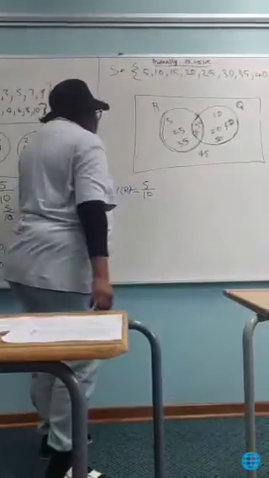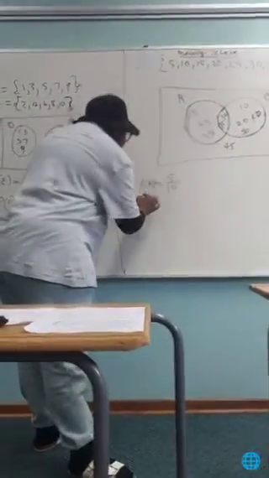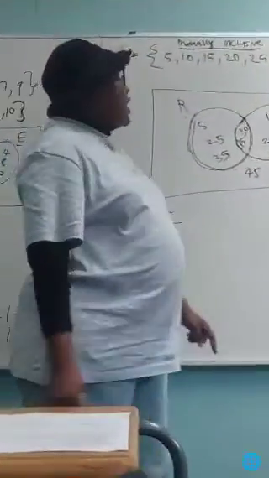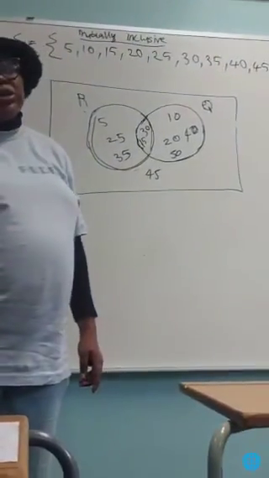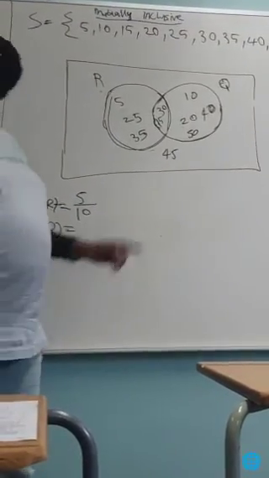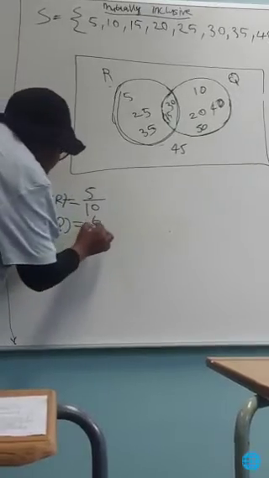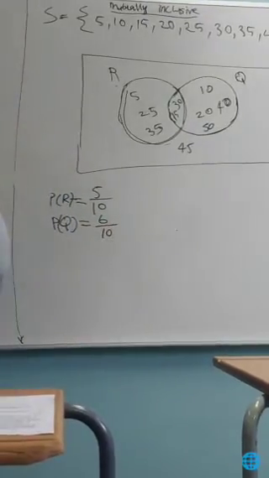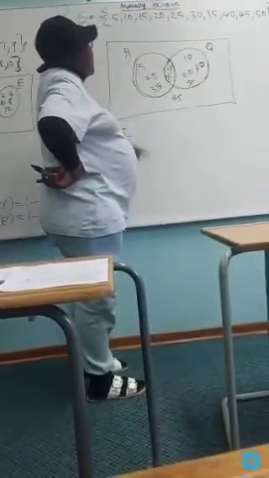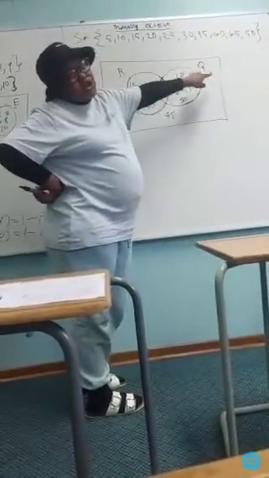And Q consists of how many elements? 2, 4, 6. It's 6, right? Yes, 6 out of 10. Now we're going to calculate the probability of R or Q.